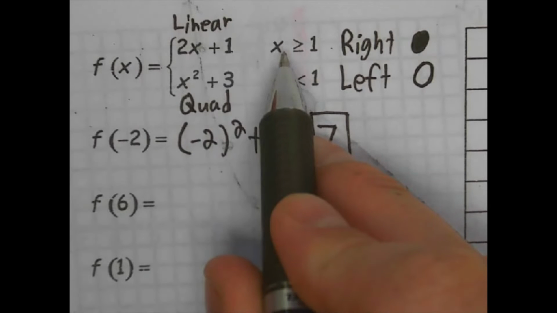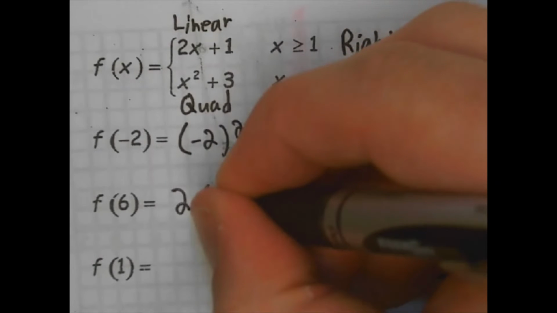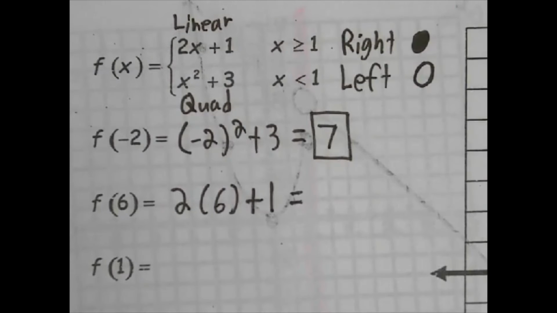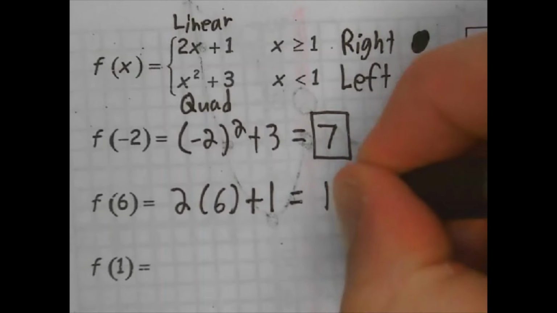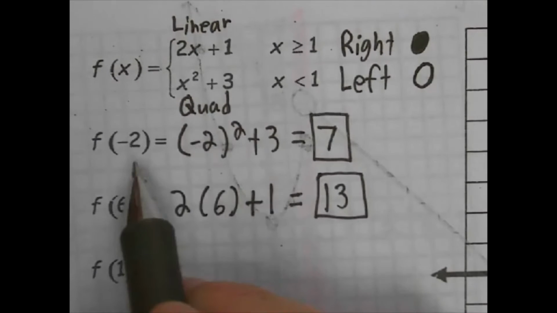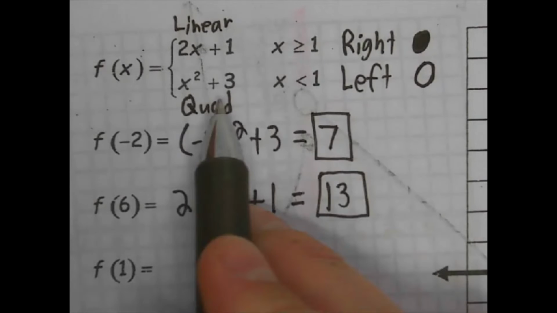Therefore, I put it into the what equation? Top or bottom? So now, 2 times 6 plus 1, which is 12 plus 1, which is 13. So you put the number into the equation that it fits. If -2 is less than 1, it goes in the bottom equation.